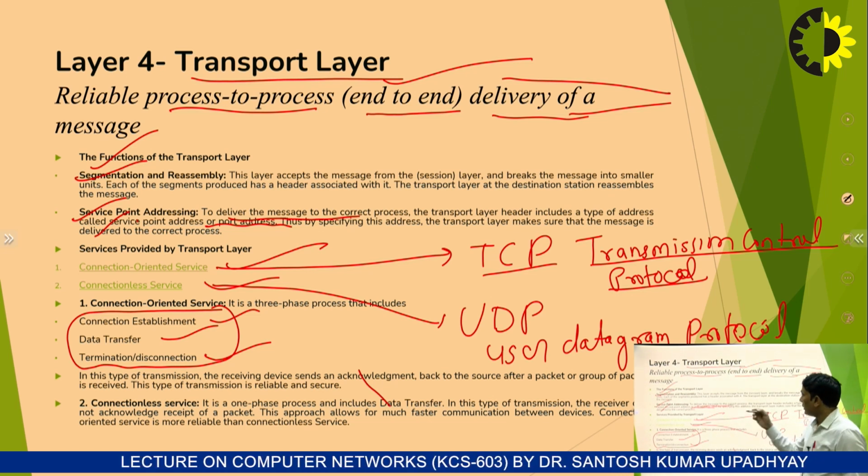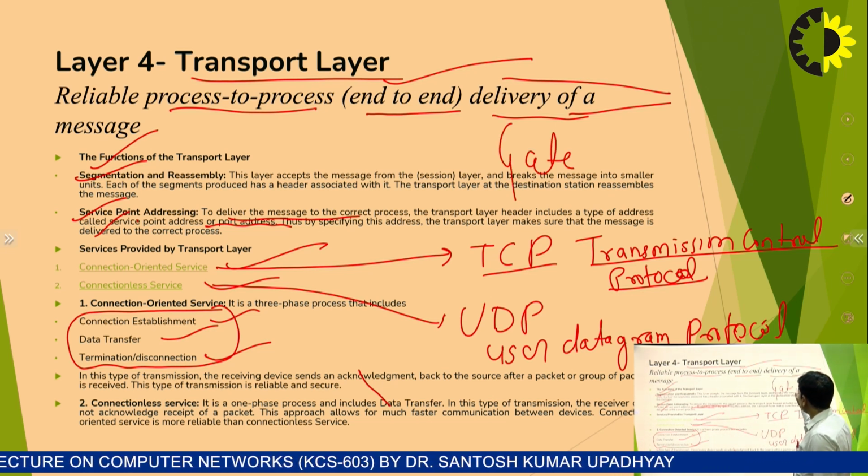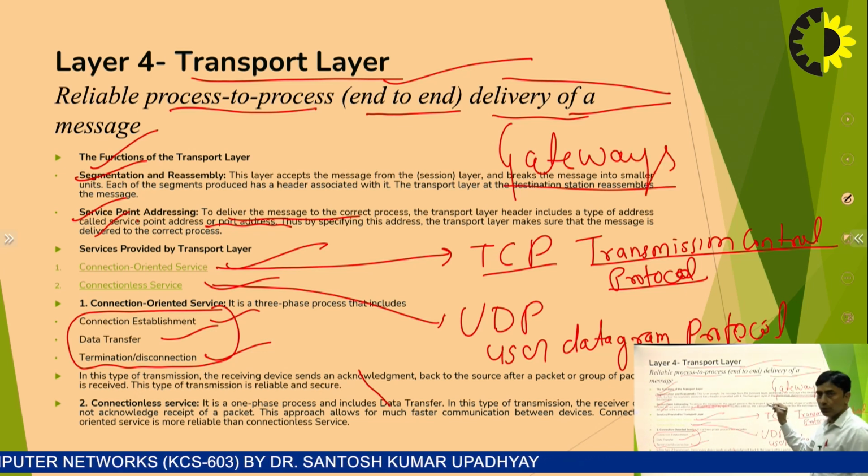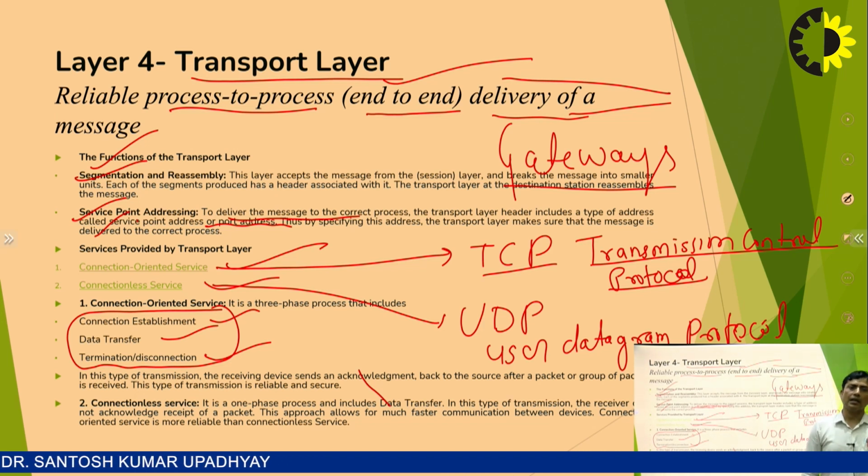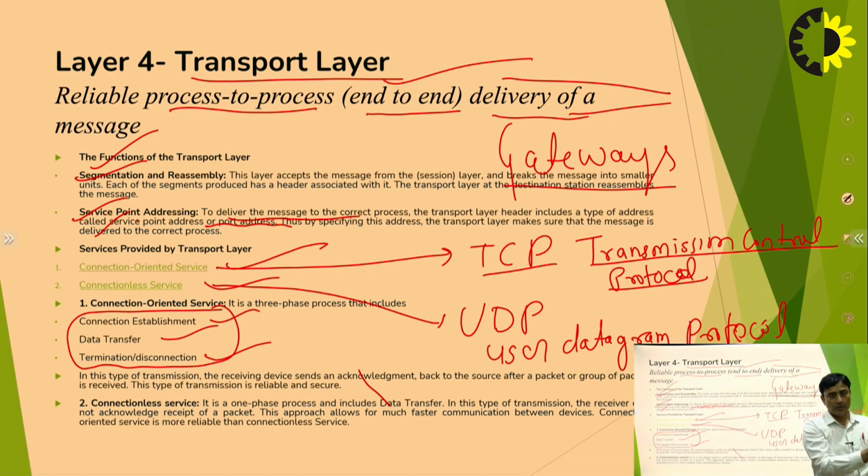At this level, gateways are used as interconnecting devices. Gateways are basically known as protocol converters. They are used when one type of network is connected to another type of network. What is the meaning of one type and another type? One network has a different working style, different protocols, different frame and packet formats, and the other network has a different packet format, different protocol, different header format.